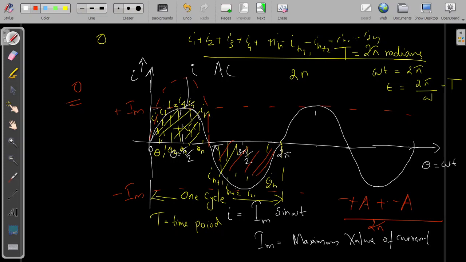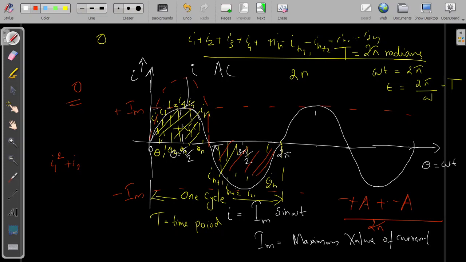So we get I1 squared, I2 squared, I3 squared, like that. Then we take the mean of it and apply the square root.